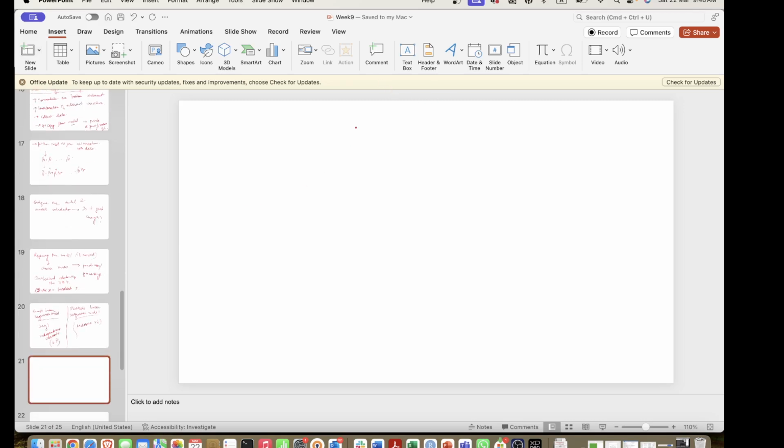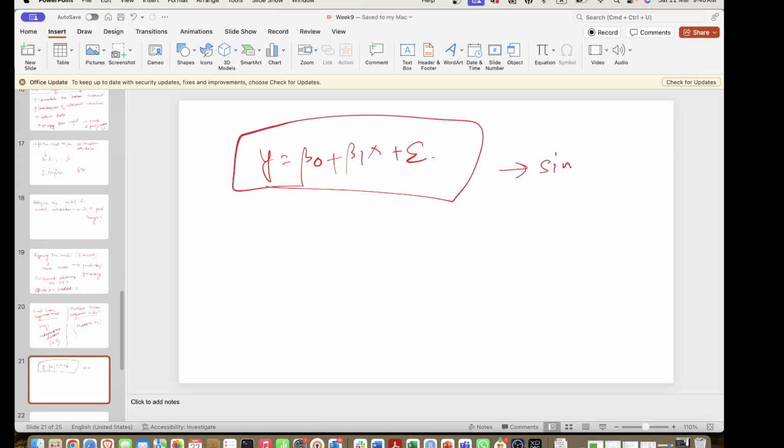Now if we consider a model like this, it is actually a simple linear regression model, where beta naught is what we call the intercept and beta 1 is the slope.